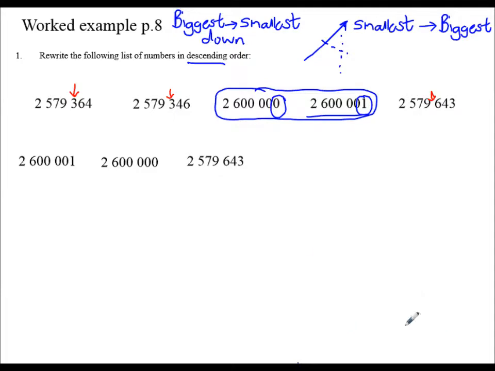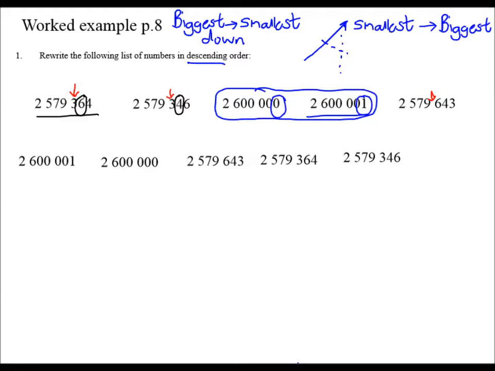Now I look at my remaining numbers and I look at the next digit. This is 60 and that is 40. 6 is greater than 4, so this is the next number in my sequence. And then the last number is 2,579,346.